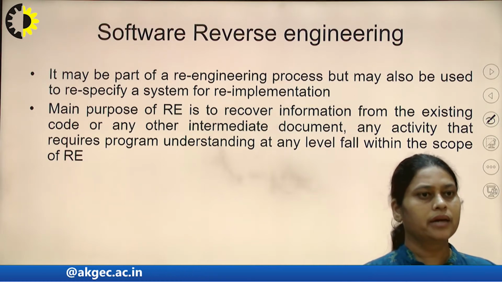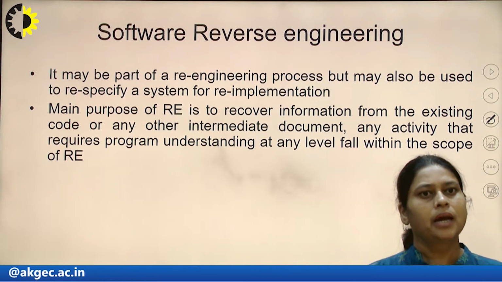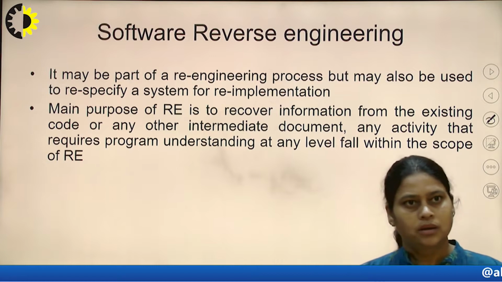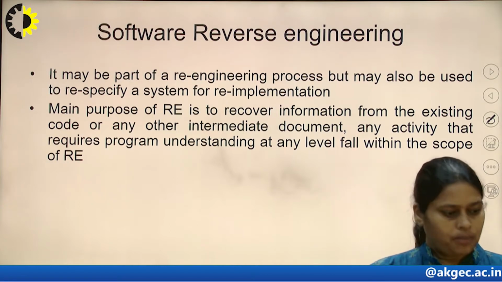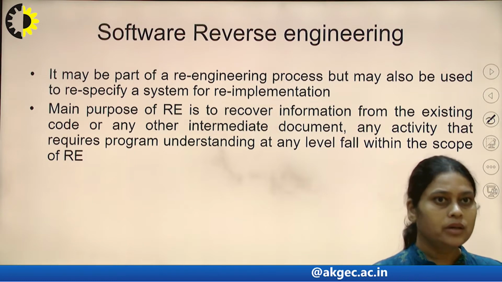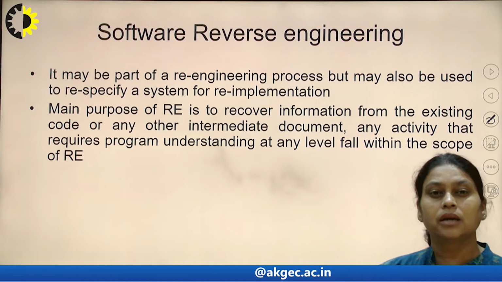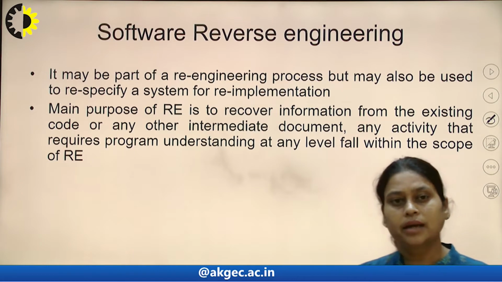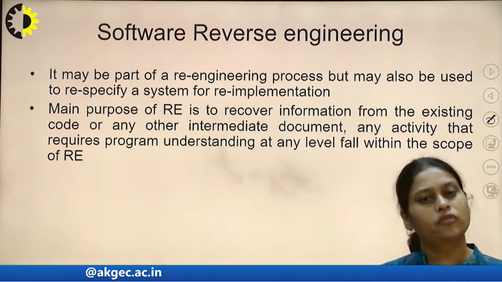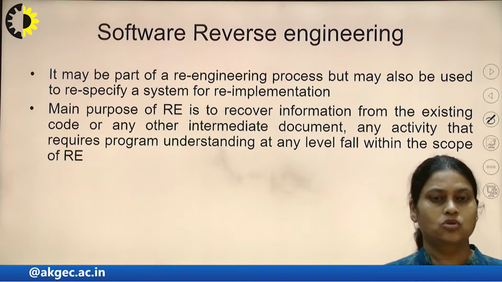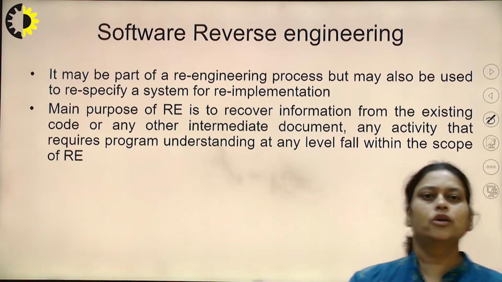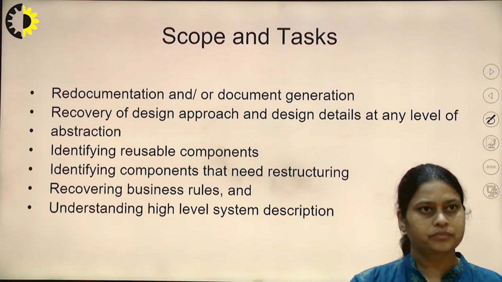Any activity that requires program understanding falls within the scope of reverse engineering. So we apply reverse engineering to recover some information that is hidden, or something that was missing at the time of the software implementation process.